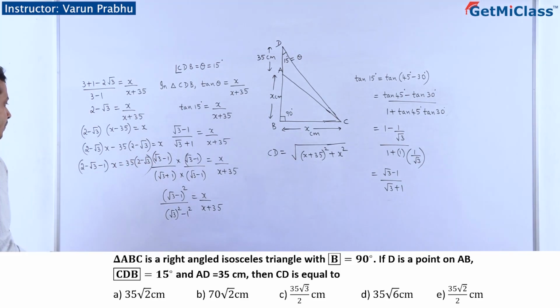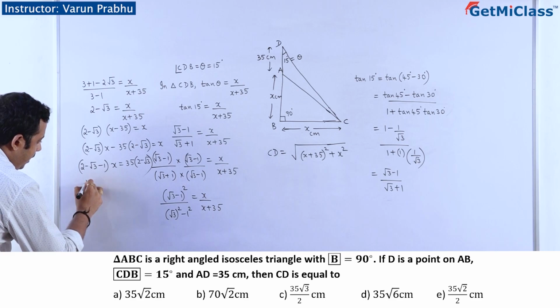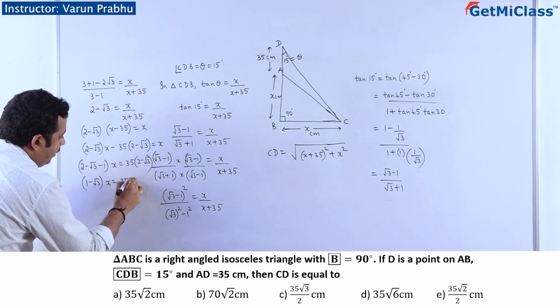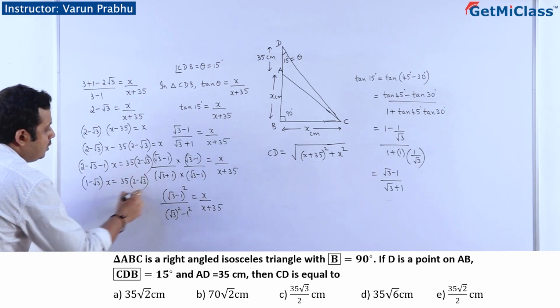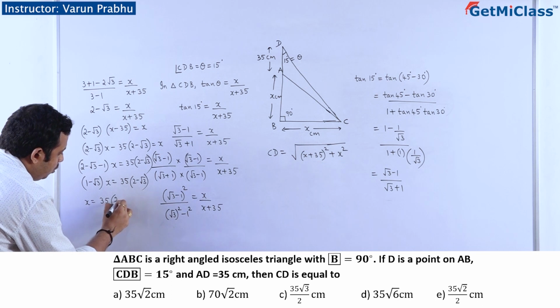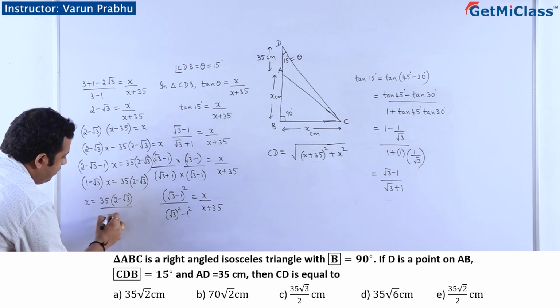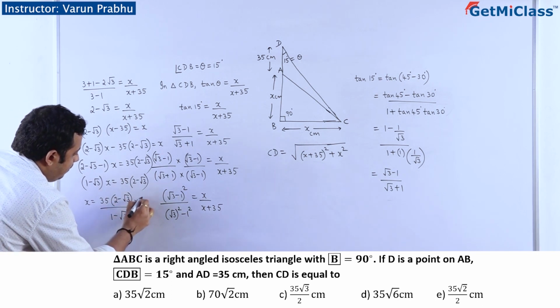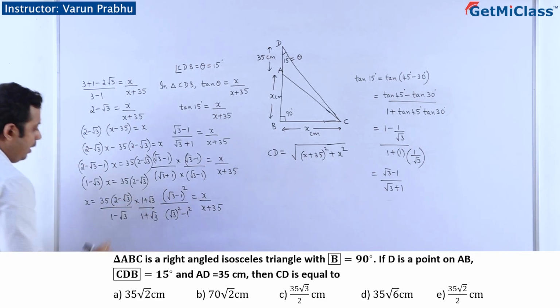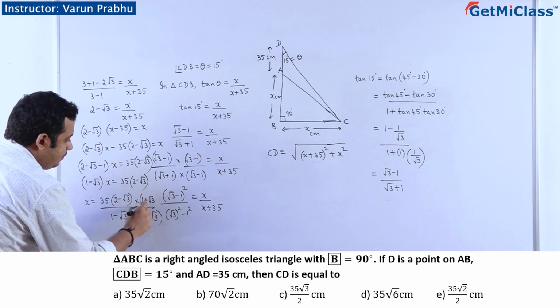So your value will be 1 minus root 3 into x is equal to 35 into 2 minus root 3. So x is equal to 35 into 2 minus root 3 divided by 1 minus root 3, multiplied by 1 plus root 3 and divided by 1 plus root 3.